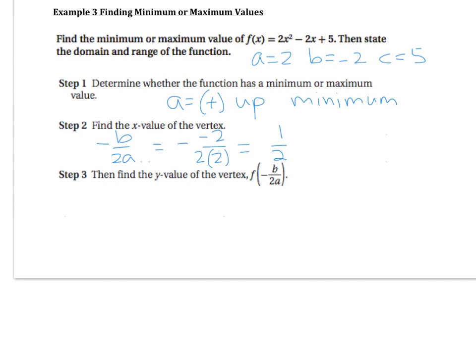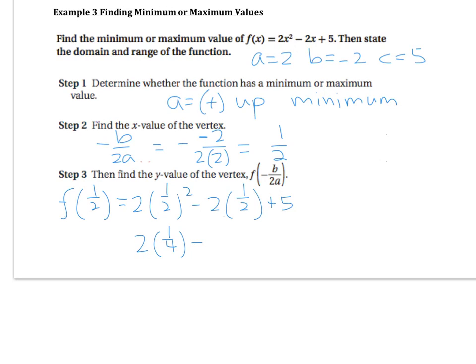We find the y value of that, so we evaluate the function at 1/2. So that's 2 times 1/2 squared minus 2 times 1/2 plus 5. 1/2 squared is 1/4. 2 times 1/2 is 1.